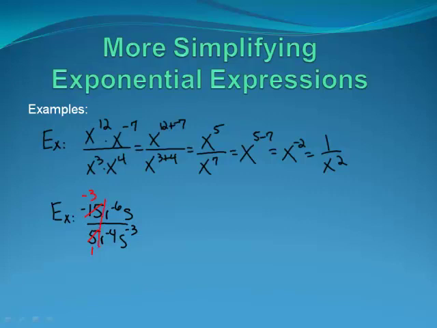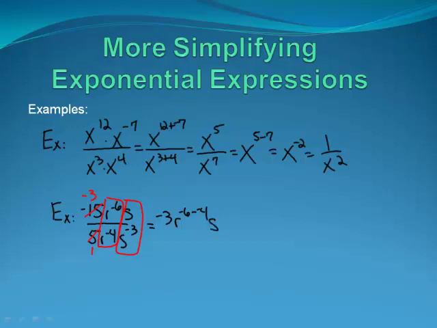All right, now you have some like bases here. So if you want to use properties of exponents before you move your negative exponents up to be positive exponents, you can. Or you can move the negative exponents either up or down, depending, to make them positive exponents first. It's up to you. I'm going to choose to use the property of exponents first. So I've got negative 3 up in the numerator. I'm going to combine my base r's by subtracting my numerator minus my denominator.